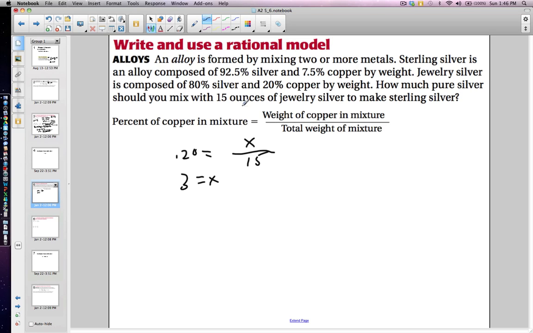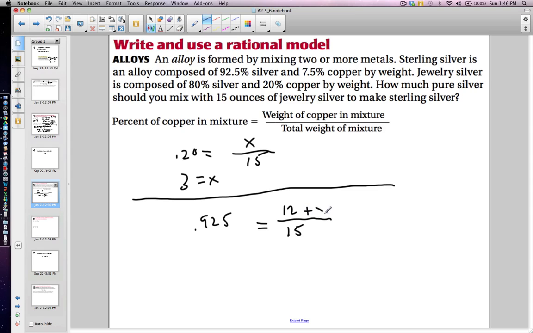If I have 3 ounces of copper in my 15 ounces of jewelry silver, that means that 12 ounces of it is silver. Now if we look at the percentage of silver, because that's what really matters, it needs to end up being 92.5%, so 0.925. It equals the 12 ounces of silver I have plus an unknown amount of pure silver, divided by the 15 ounces of jewelry silver plus that unknown amount of pure silver, which makes the sterling silver.